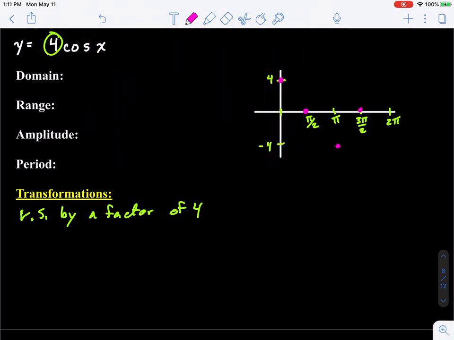Then you're going to be back to the central axis and then your high point. And that's the graph of your cosine function. And once again, if you continued it on, it would continue on in both directions, following that same pattern.